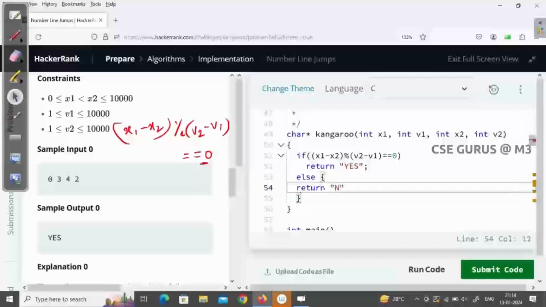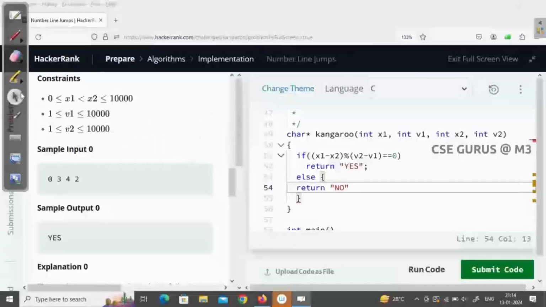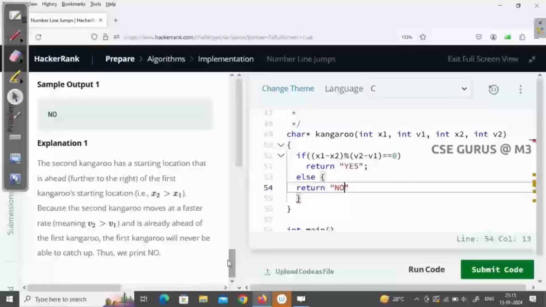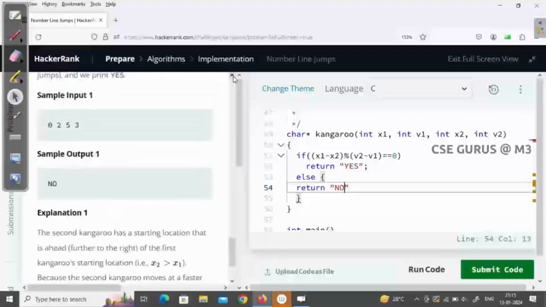Now there is one more special condition where they never meet. What is the condition where they never meet? For example, there is an example given here in the sample input. The answer is no. Why? 0 and 2. The first kangaroo starts at 0 and jumps 2.